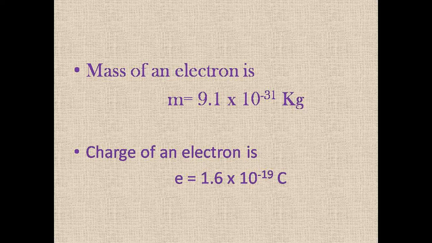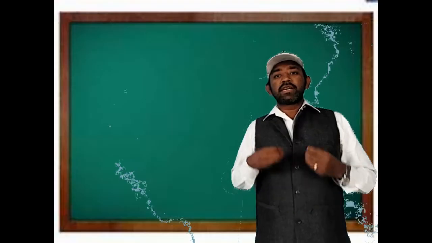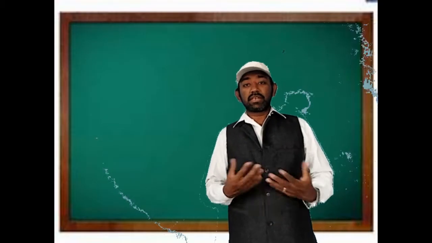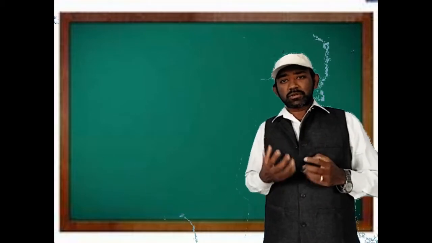And the charge of the electron is 1.602 into 10 to the power of minus 19 coulomb. The exact value was not obtained by J.J. Thomson, but later by using the Millikan oil drop experiment, Stokes law for small drops, and X-ray diffraction methods, we can find the charge of the electron.